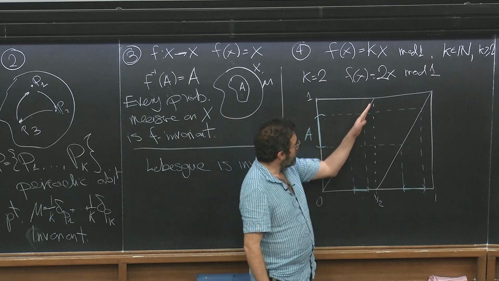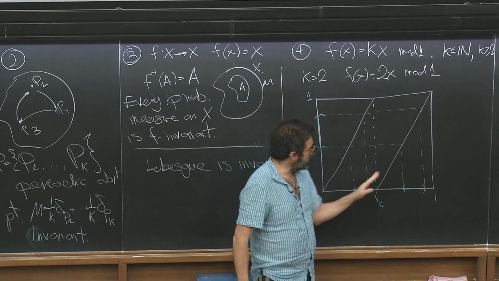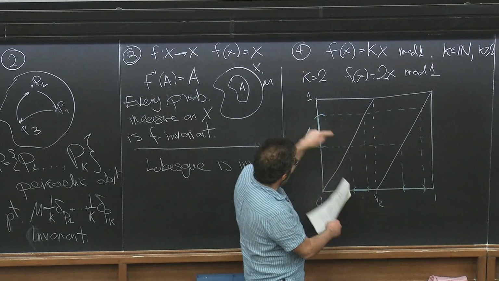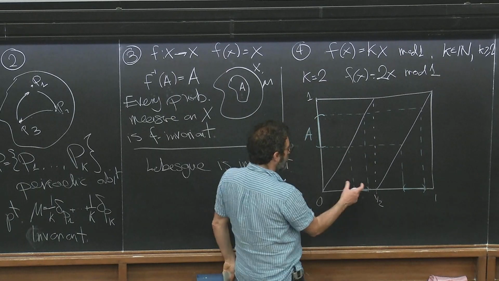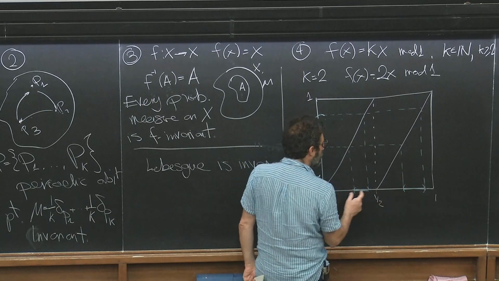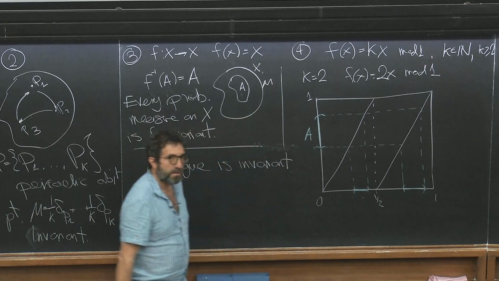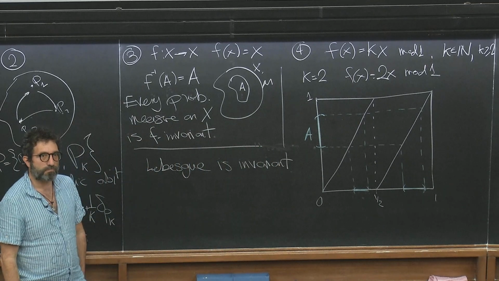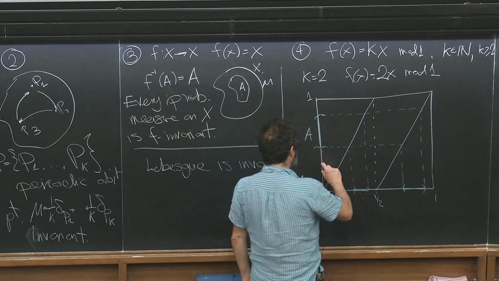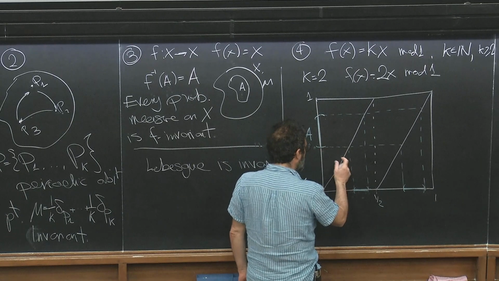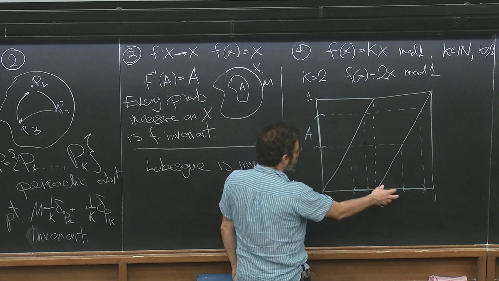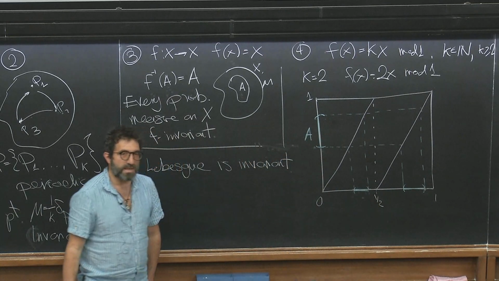It's clear that because the slope here is 2, this is 2x mod 1, these intervals get stretched to twice the size when they map onto A. So each one of these is exactly half the length of A, and the union of the two has exactly the same length as A. For any interval you take, it will have exactly two components, both of them with exactly half the measure, so the union of these will have exactly the same measure.